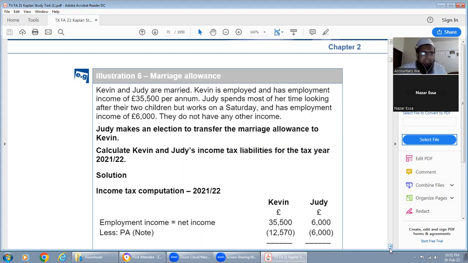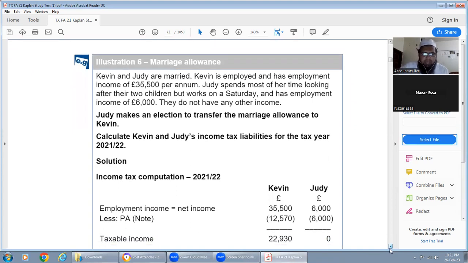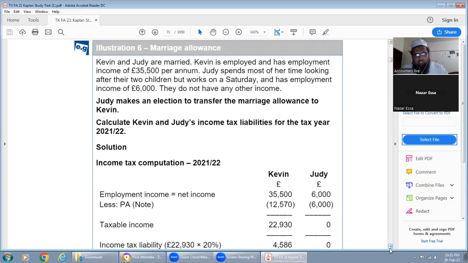They do not have any other income. Judy makes an election to transfer the marriage allowance to Kevin.